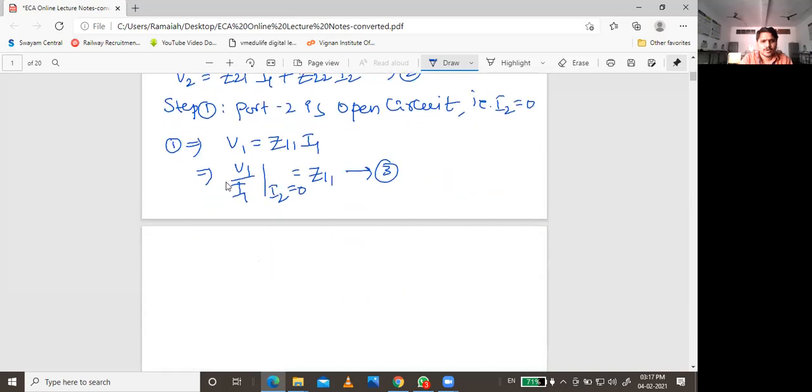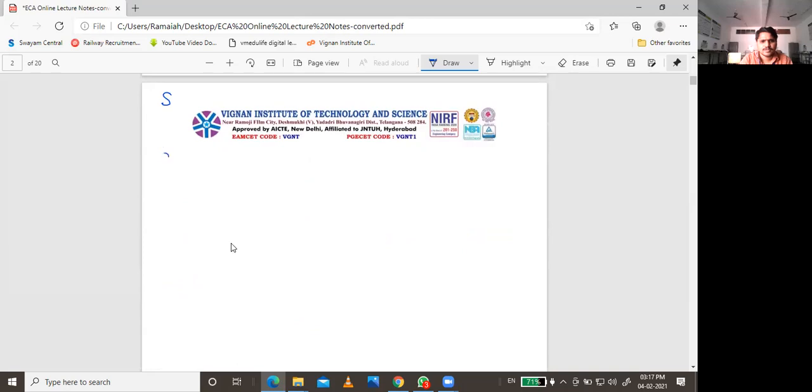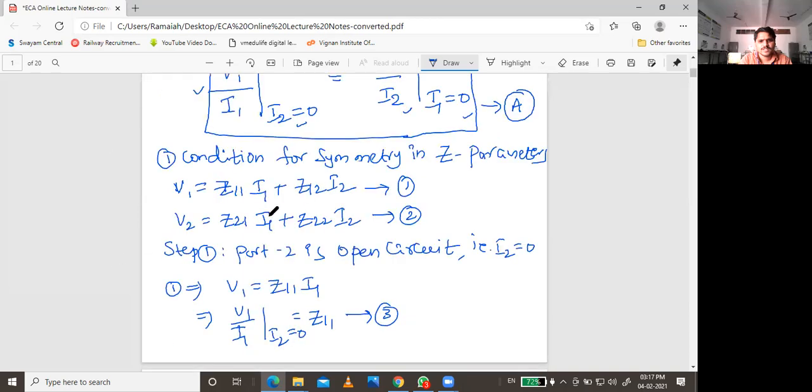Now, what is the next step? Step 2 is port 1 is open circuit. So that is the current I1 equal to 0. So from equation 2, V2 equal to Z21 I1 plus Z22 I2.